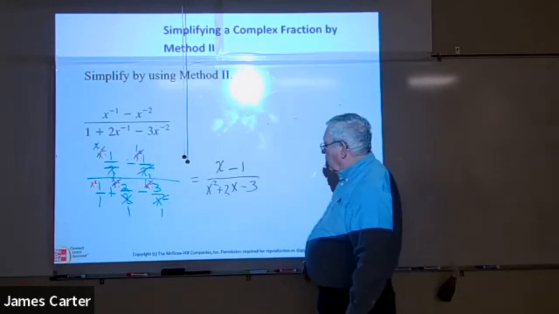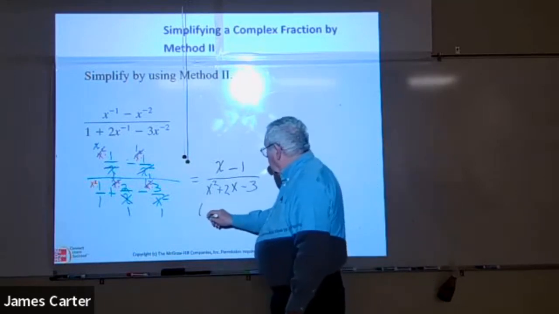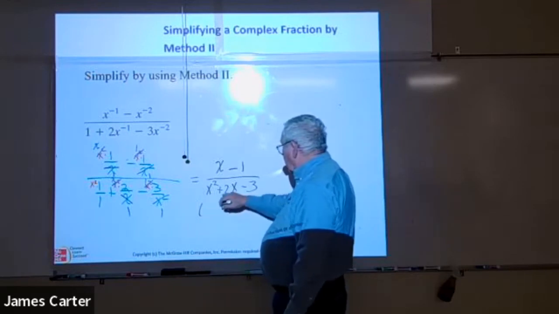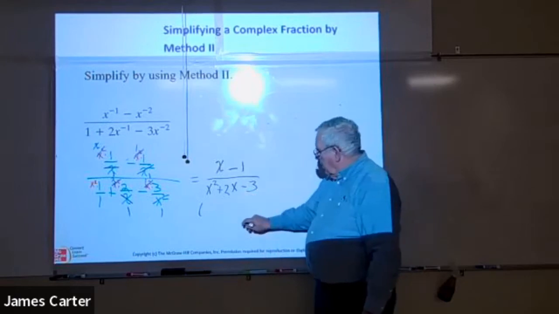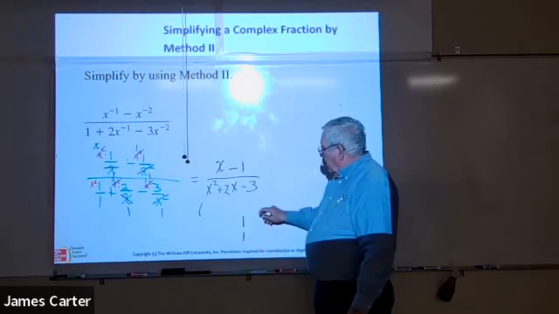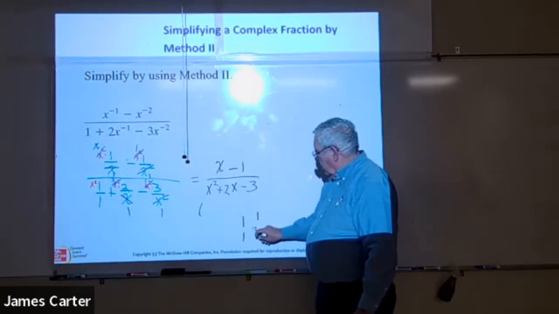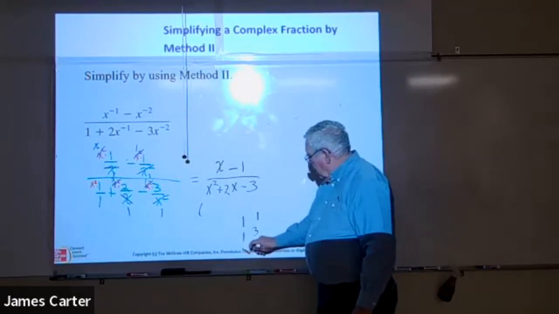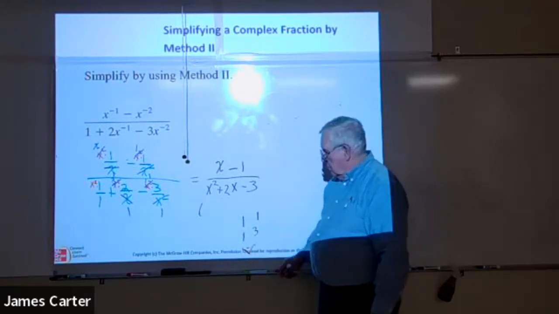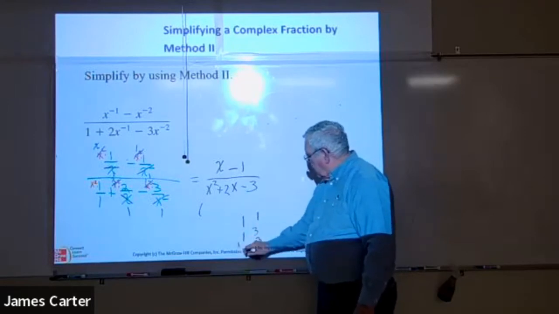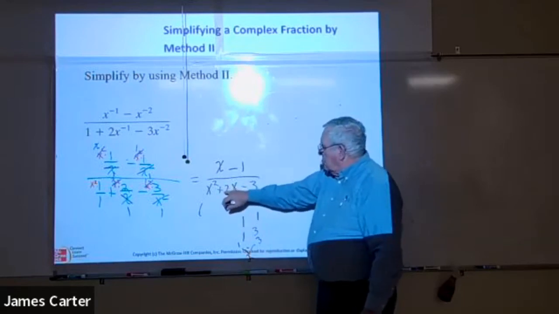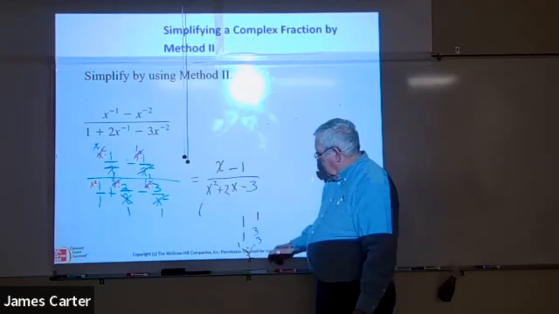Okay. Now the question is will this factor into something that's got that in it? Well, I don't know. Will it? That's a plus, right? That's a minus, so I'm going to subtract. I'm going to have a 1, 1. I'm going to have a 1, 3. And down here, I'm going to subtract. So this way gives me 3, this way gives me 1. 3 minus 1 is 2, which matches that.